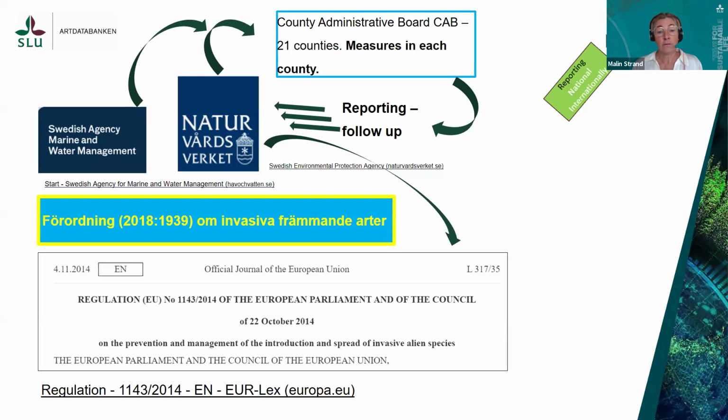And the catalog of methods is between the agencies and the county administrative boards. So they are using the catalog of methods, but it's also under development. Oh, okay. So it's a feedback between both parties, I suppose. Yes, exactly. Okay, great.